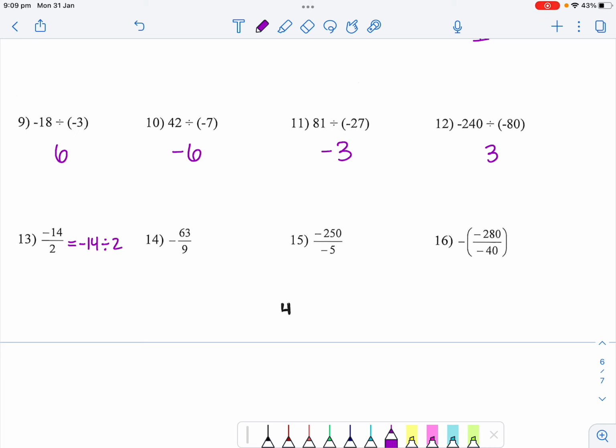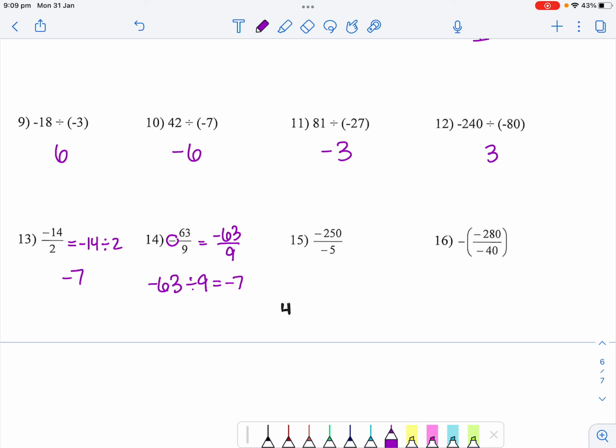And negative 14 divided by 2 is going to be negative 7. When this negative is out to the side, it just means that the fraction itself is negative. So I can put that negative on top, or I can put it on the bottom, but I can only put it in one place. This is why I put it on top, because then when I read the division, it's negative 63 divided by 9. And that's negative 7.